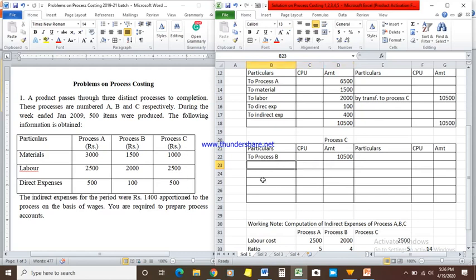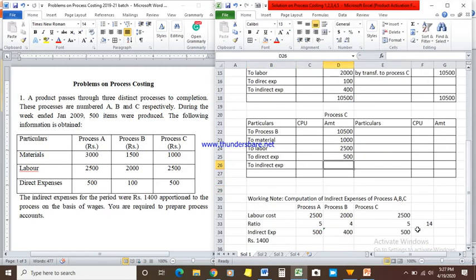Again the various costs that we have incurred here: to material 1000, to labor 2500, to direct expense 500, to indirect expense. So the indirect expense in this case is 500. Again if I take a total of all this, I get 15,000.